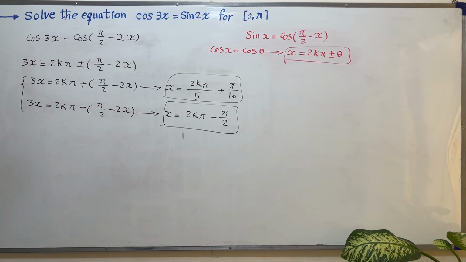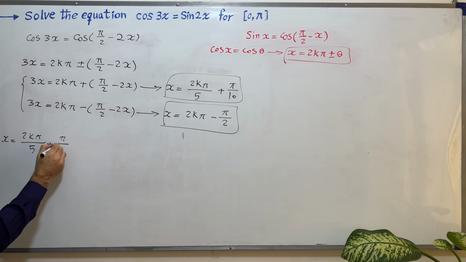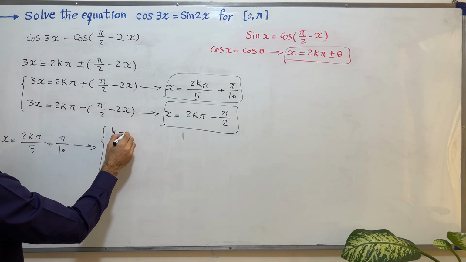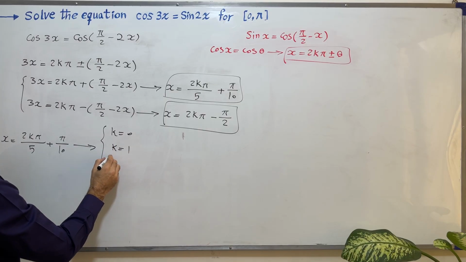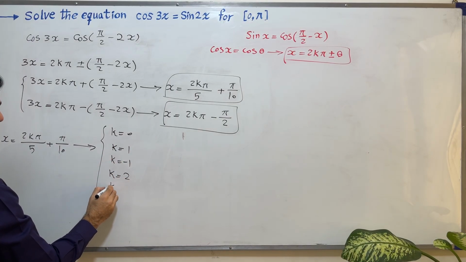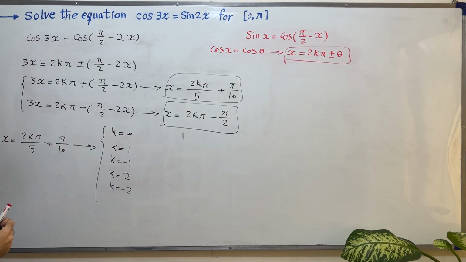Now, for the first set of answers, x equal 2k pi over 5 plus pi over 10, k equal 0, k equal 1, k equal minus 1, k equal 2, and other integers.